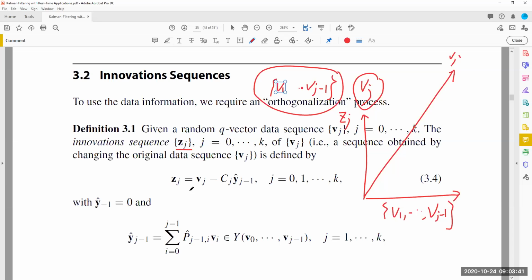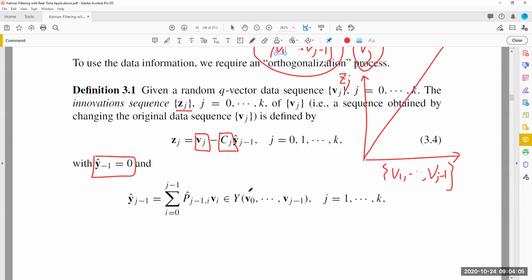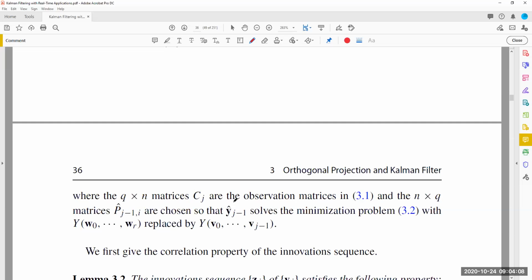So Zj is Vj minus Cj y hat j minus 1. We assume y hat minus 1 is 0. So Vj is a measurement, and Cj is the observation matrix in 3.1.